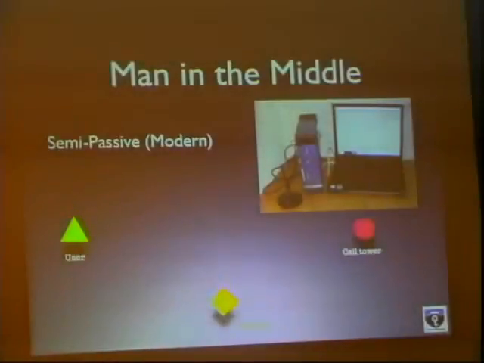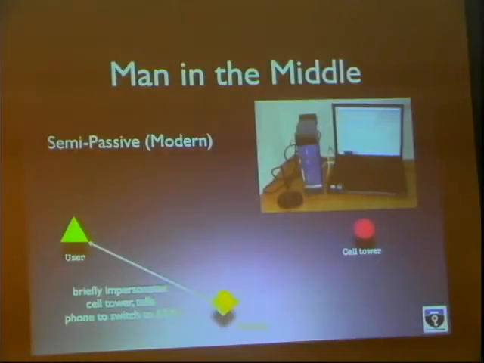What is currently happening is something much more interesting, which is a so-called semi-passive attack. We have the same scenario. What now happens is the bad guy only briefly impersonates the cell tower at connection setup.